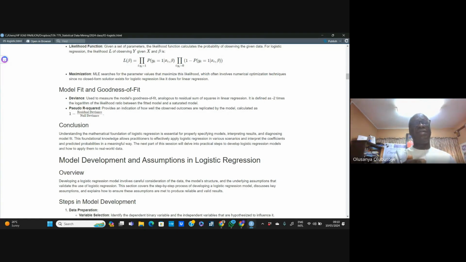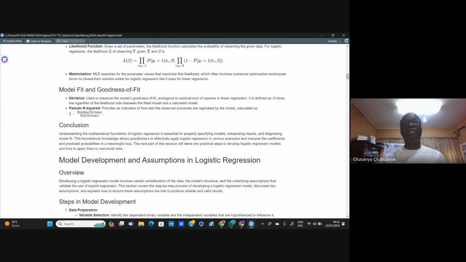The null deviance is the deviance arising when the model does not use any of the predictor variables.